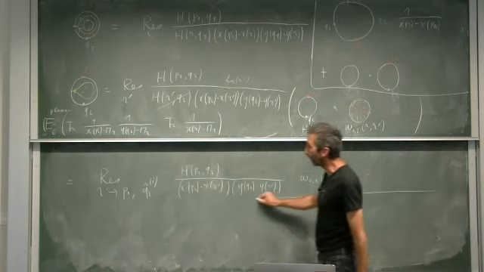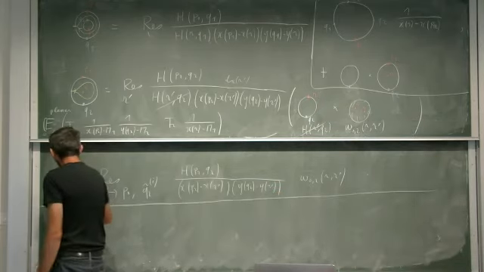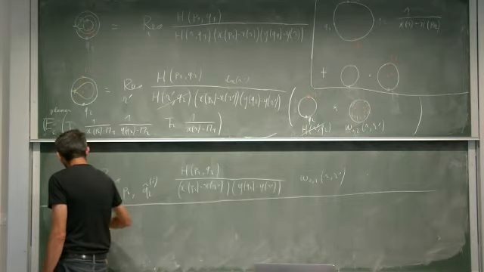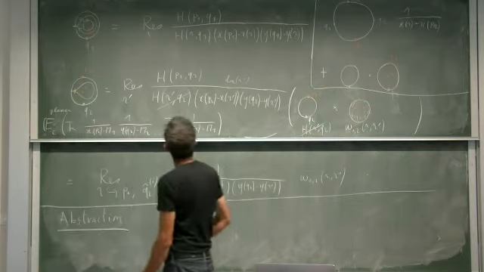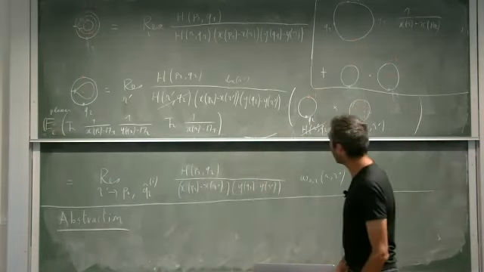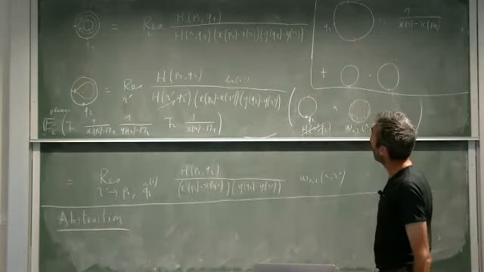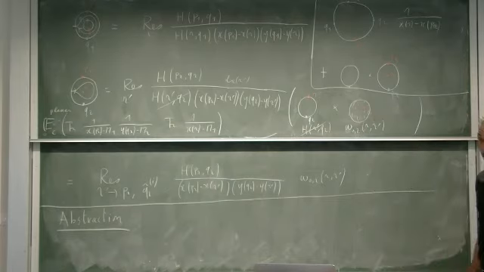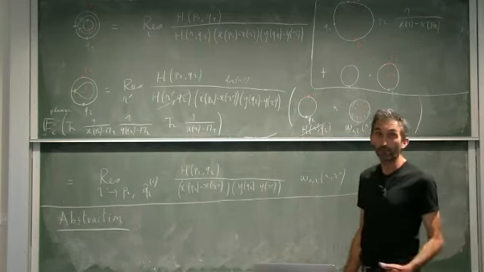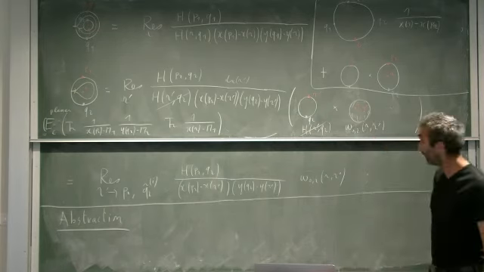Let me make a small comment, an abstraction. You see that this recursive formula just involves algebraic functions. You don't need the fact that these algebraic functions came from counting maps or from a two-matrix model. You do not need to know what they are.